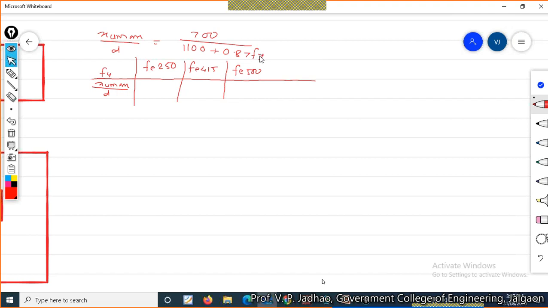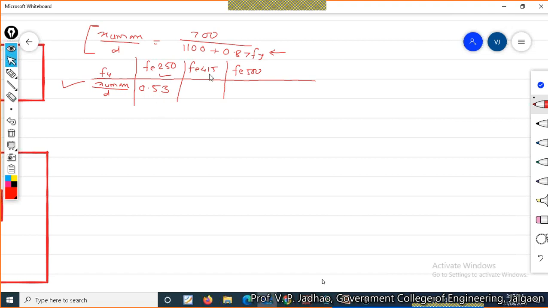If we put Fy equal to 250, we get Xu max upon d equal to 0.53. These values you have to keep in mind, rather than remembering the whole formula and calculating every time. Xu max upon d for Fe 250 is 0.53.